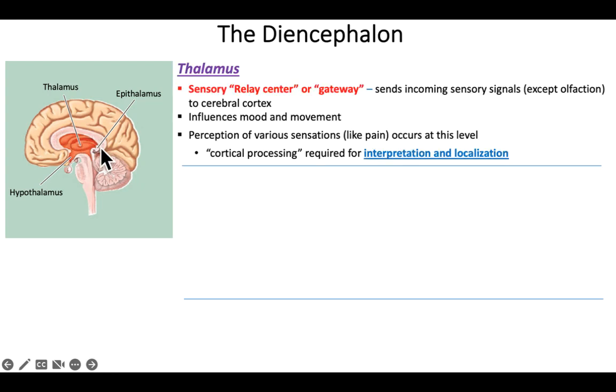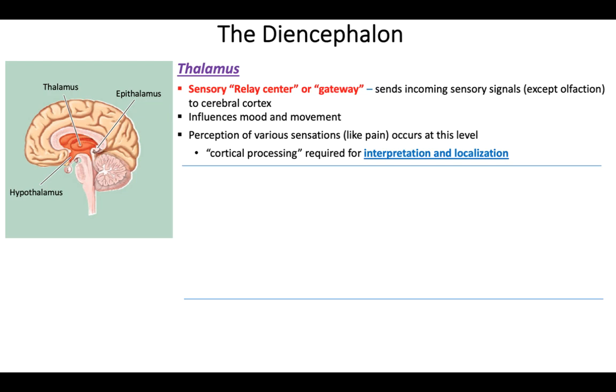The thalamus is best known, again, it does a lot of other things, as a relay center, or like a gateway. And it's a relay center for sensory signals. So you've got a lot of senses coming into your brain, right? You might have touch, temperature, vision, hearing, pain.